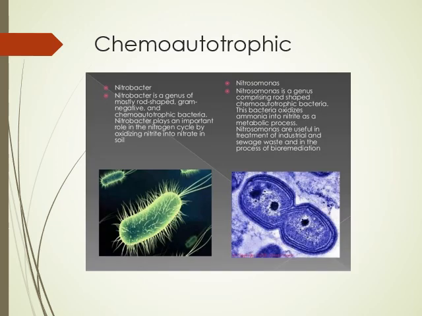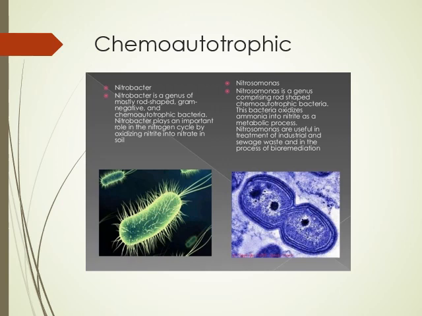Examples of the chemoautotrophic bacteria involved in the nitrogen cycle are Nitrobacter and Nitrosomonas. Nitrobacter is a gram-negative chemoautotrophic bacteria. It plays an important role in the nitrogen cycle by oxidizing nitrite into nitrate in soils.